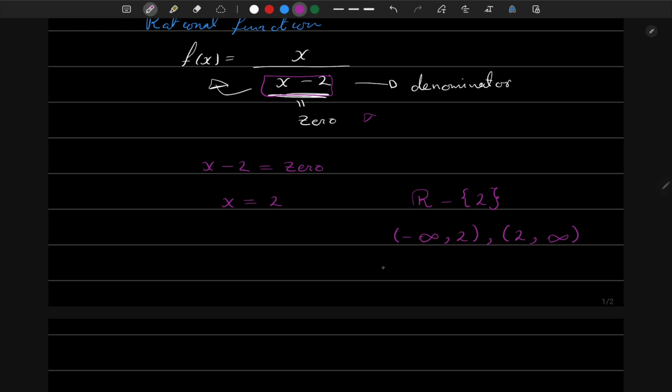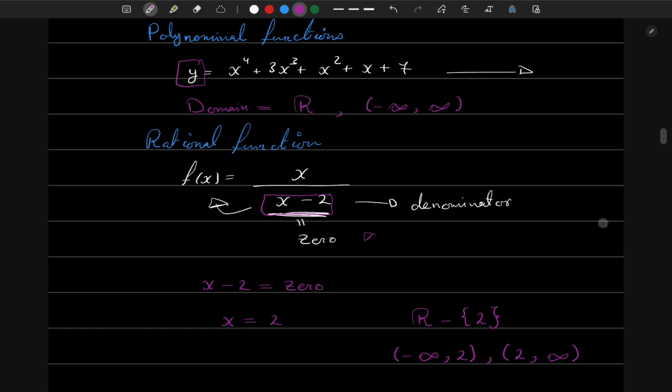This is me saying that everything goes from negative infinity, but 2 here is not with us. Yes, I wrote it in the interval, but this interval here is open. And when the interval is open, the number itself that is written inside the interval is not counted. If the interval is closed, then 2 is counted, but I don't want it, so I'm going to put it in an open interval.